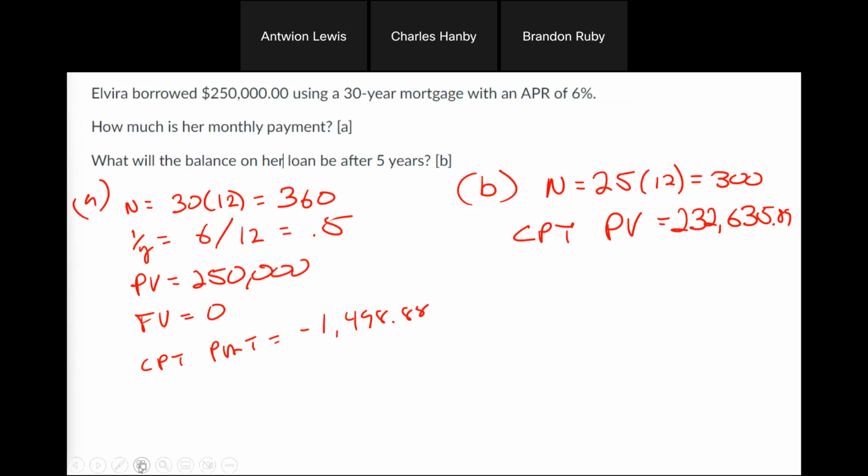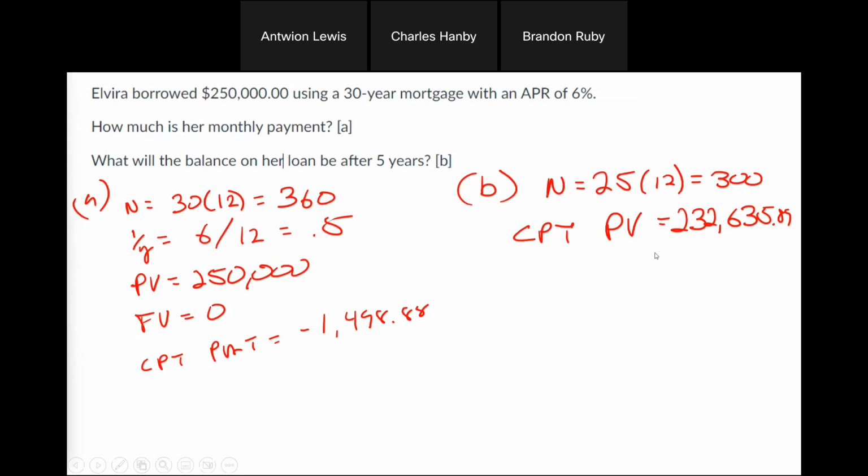But that is a common mistake that I see on exams. Students think that... well, no, never mind. But yeah, this payment includes principal and interest.